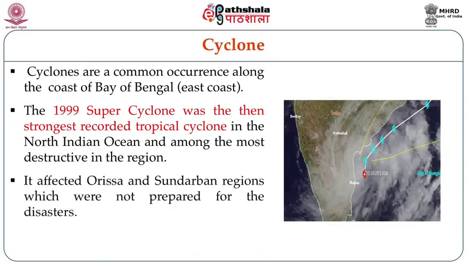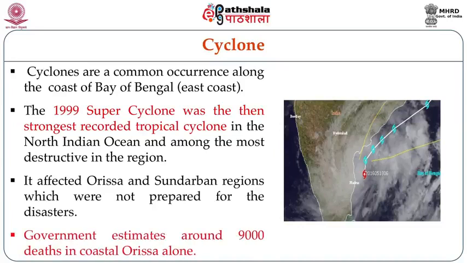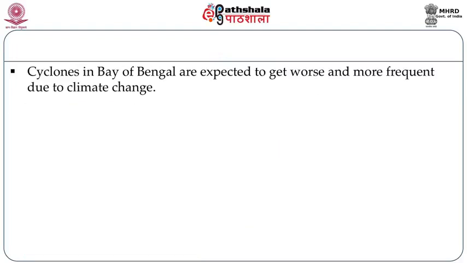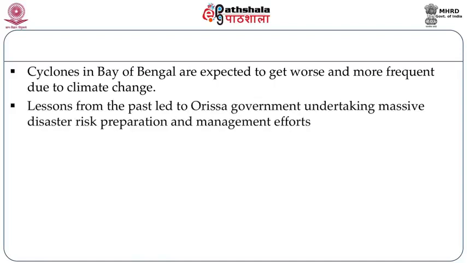It affected Orissa and Sundarban regions, which were not prepared for the disaster. Government estimates around 9,000 deaths in coastal Orissa alone during that time. Cyclones in the Bay of Bengal are expected to get worse and more frequent due to climate change. Lessons from the past led the Orissa government to undertake massive disaster risk preparedness and management efforts.